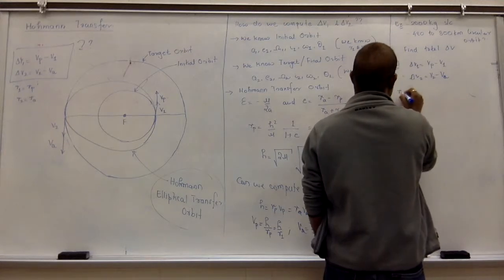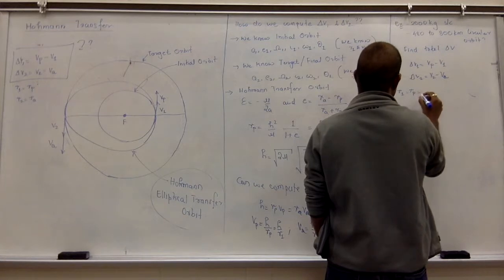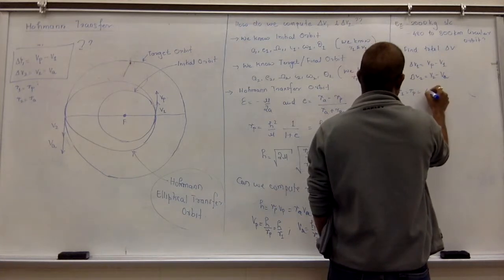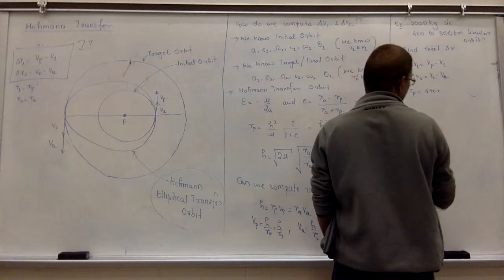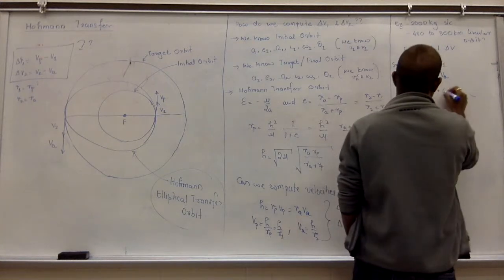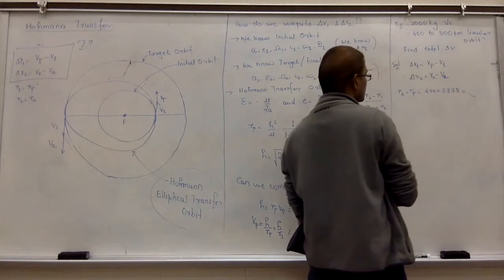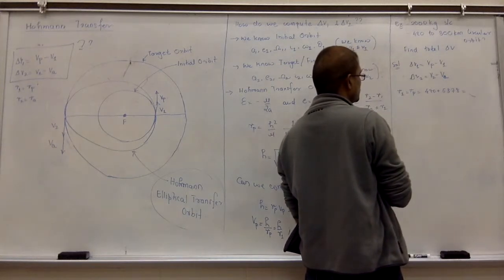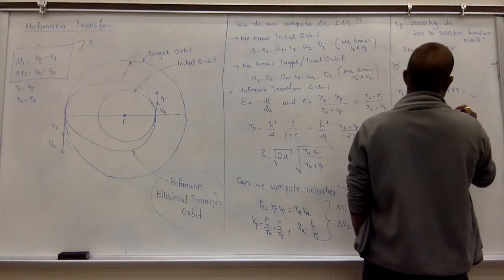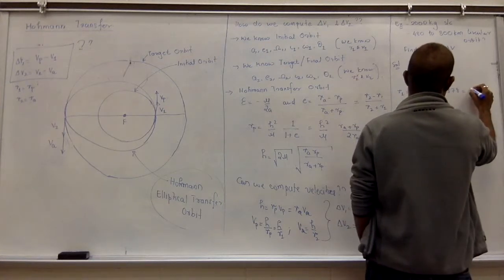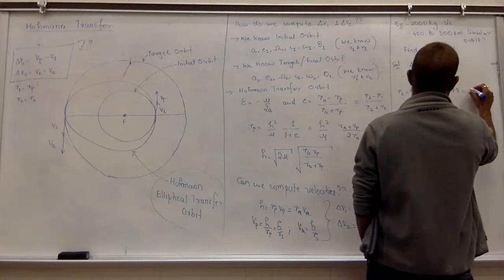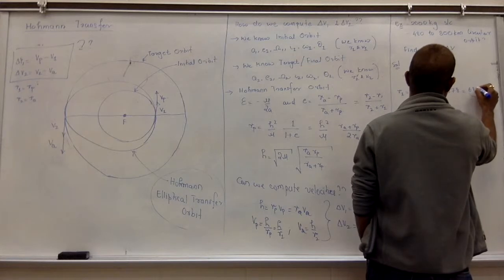What is R1? R1 equal to RP is 480 plus the radius 6378, which is 6858 kilometers.